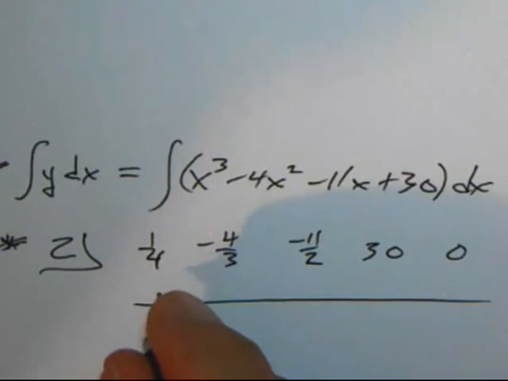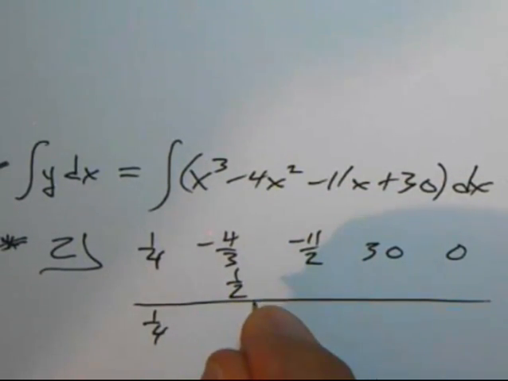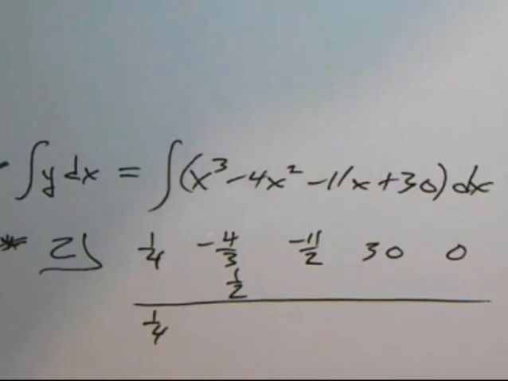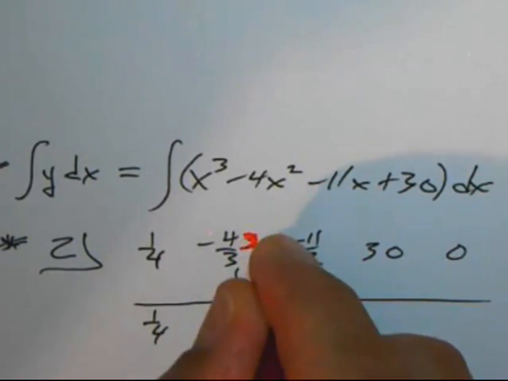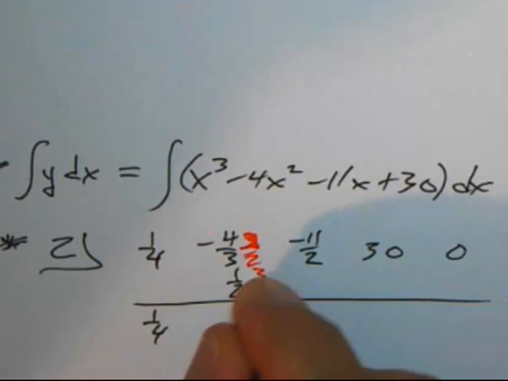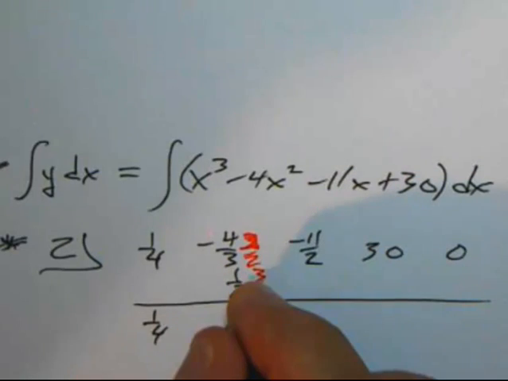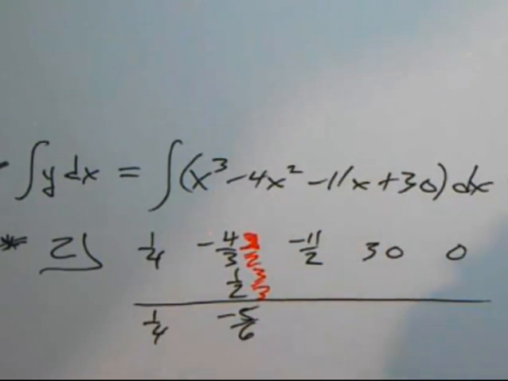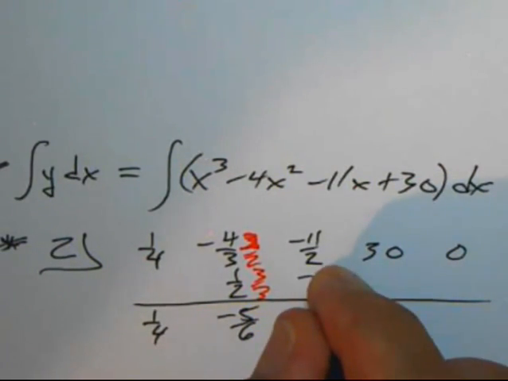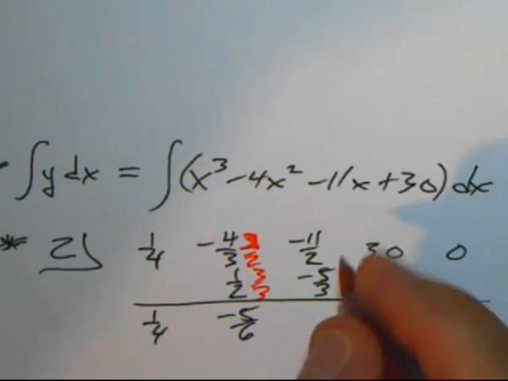And here we go. Multiply, add, need to go to 6ths here, 2 over 2, 3 over 3 build up there, minus 8 of them, plus 3 of them, minus 5/6, times 2 here, means minus 5/3, need to go to 6ths for these guys.